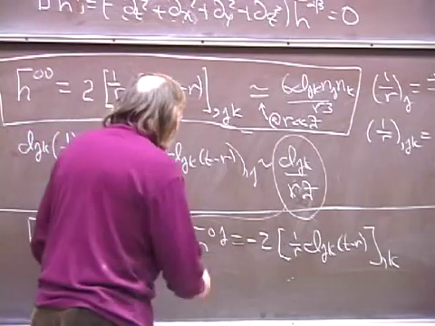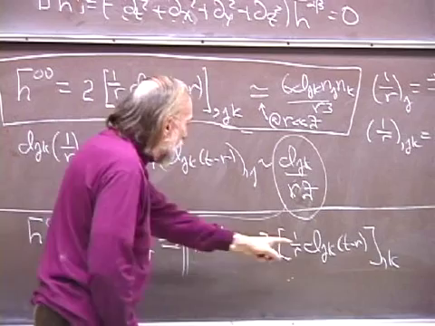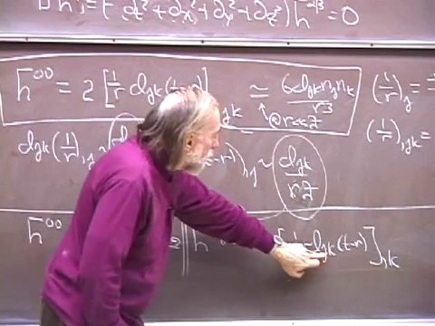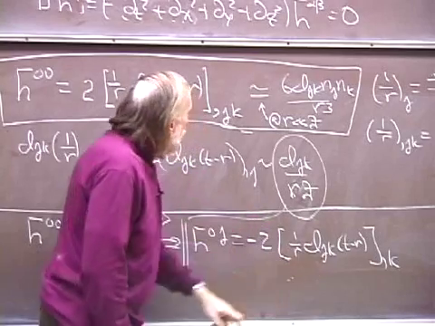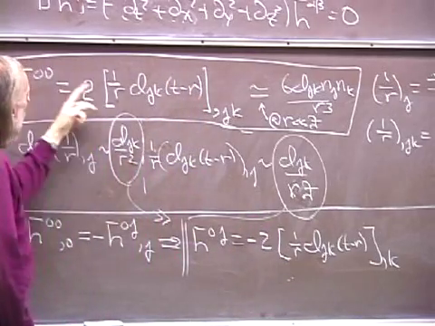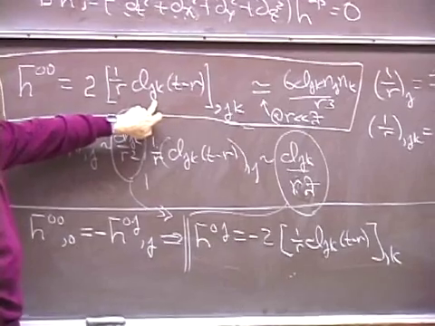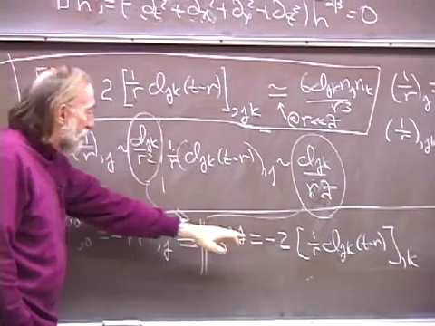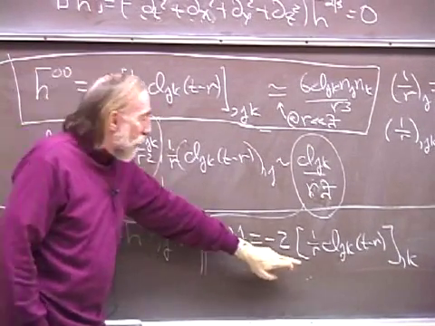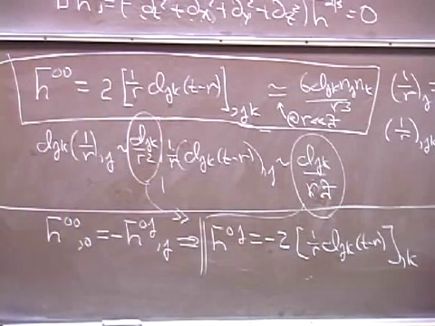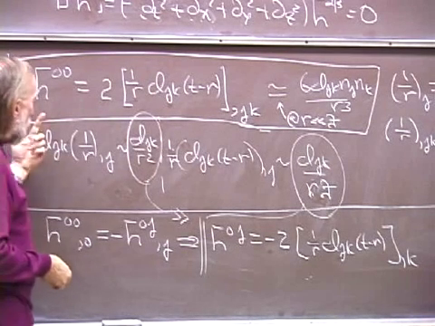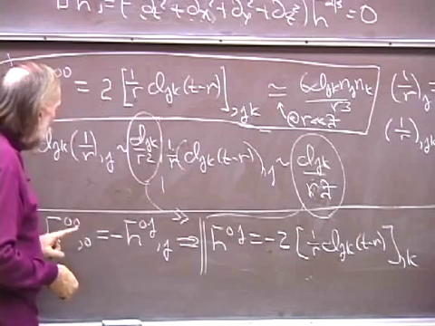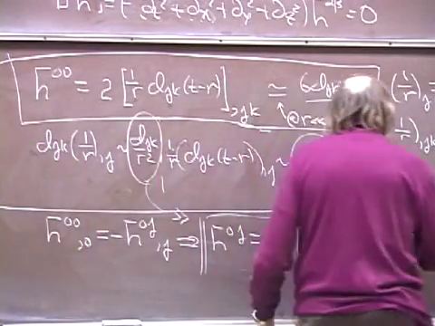To repeat it again, if I take this expression and I take a divergence on the j index, and I take that expression and take a time derivative, I have the same thing aside from a sign. And so this is the form that h bar 0j must take. So I infer from the Lorentz gauge condition, and from knowing what h bar 0,0 is, what h bar 0j must be.